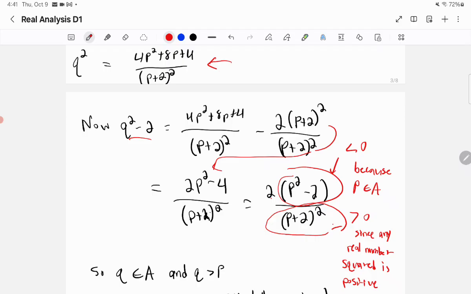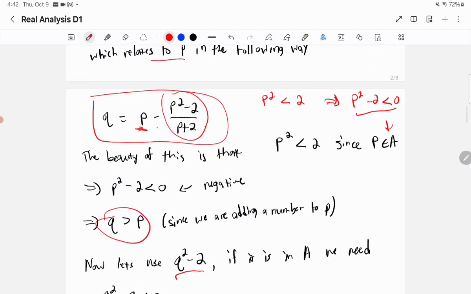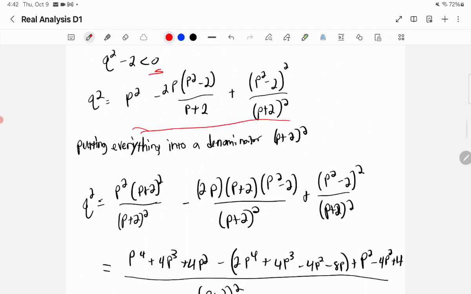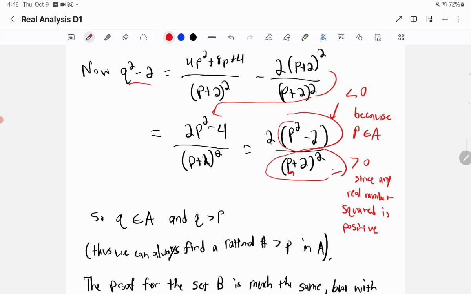But notice that, first of all, P is greater than 0. So that means that this whole thing down here, squared, has to be greater than 0. But the numerator is less than 0 because, again, remember that P squared minus 2 is less than 0 if P is chosen from the set A, right? We already know this to be the case. So that means that this whole thing is negative.